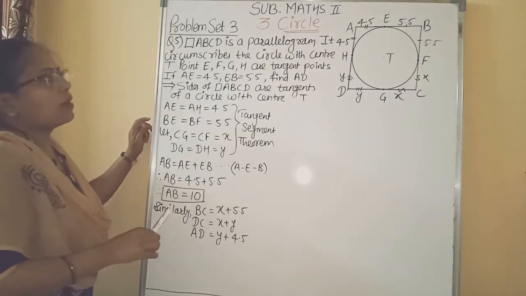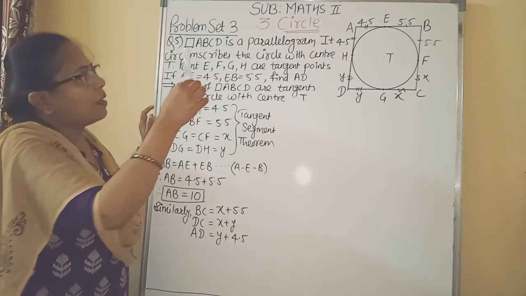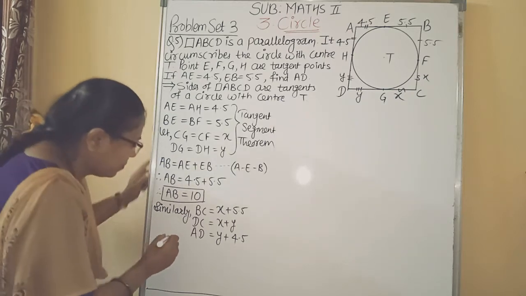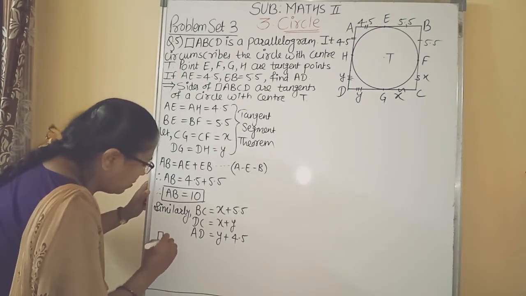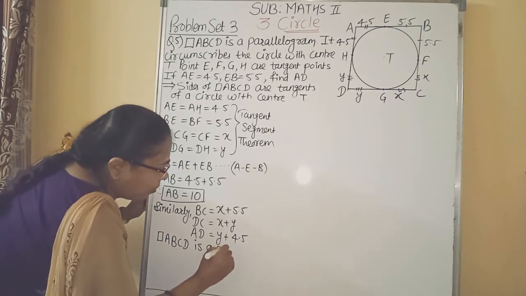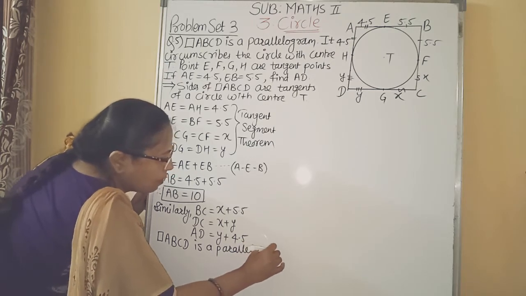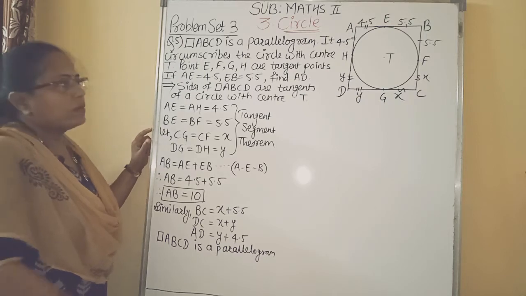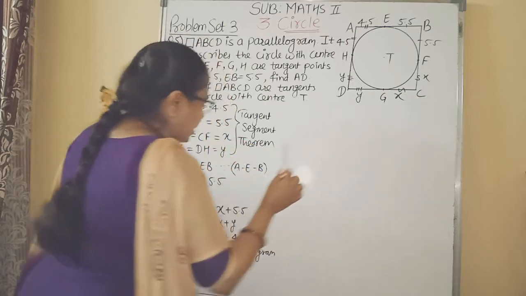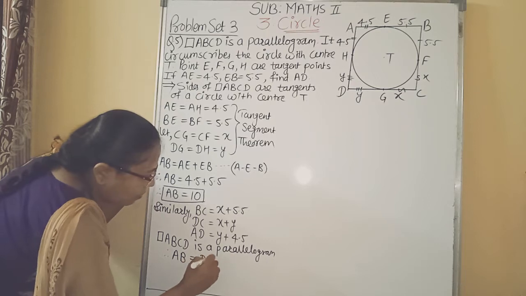Now, as we know that this quadrilateral is a parallelogram, we know the property of a parallelogram: opposite sides of a parallelogram are equal in length. So quadrilateral ABCD is a parallelogram, so the first pair of opposite sides is AB equal to DC.